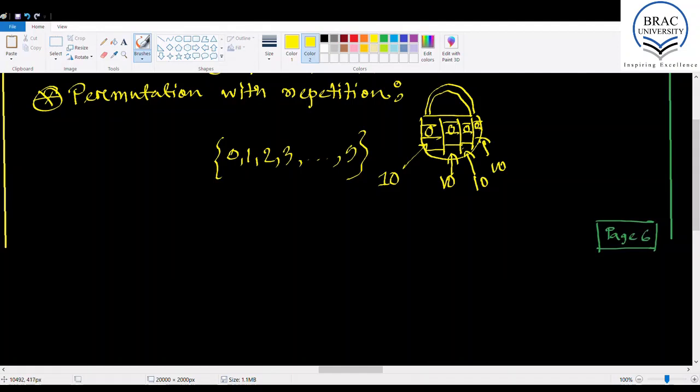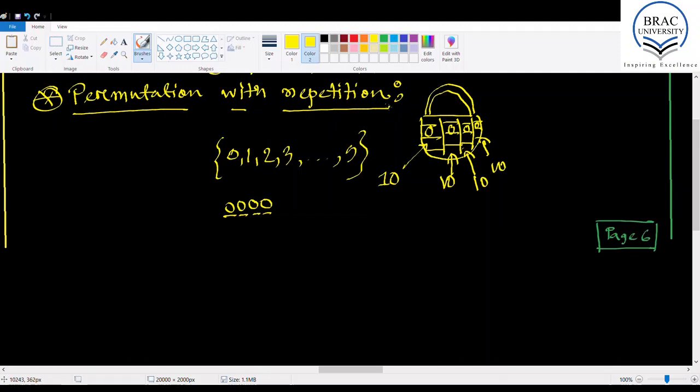That means all of the available options may appear multiple times here. So 0 0 0 0 is a permutation where 0 appears 4 times, right? This is why this permutation is known as permutation with repetition.